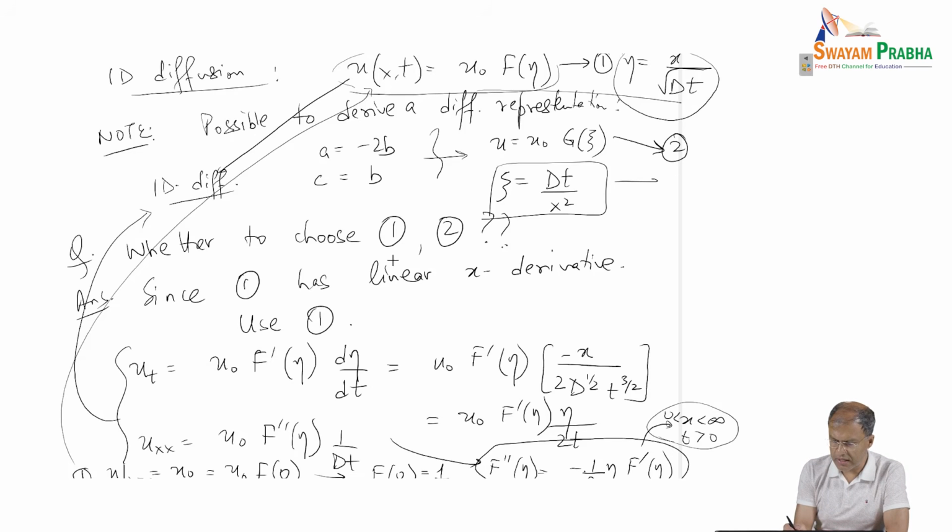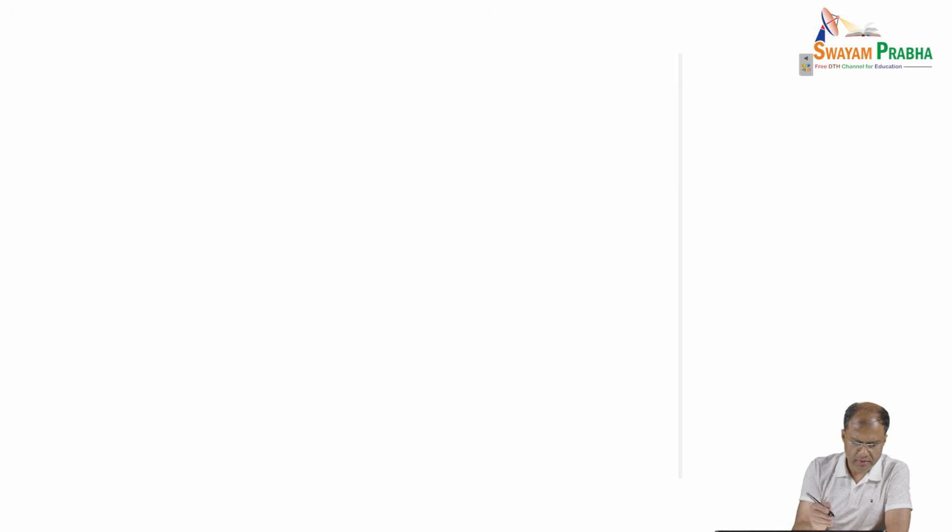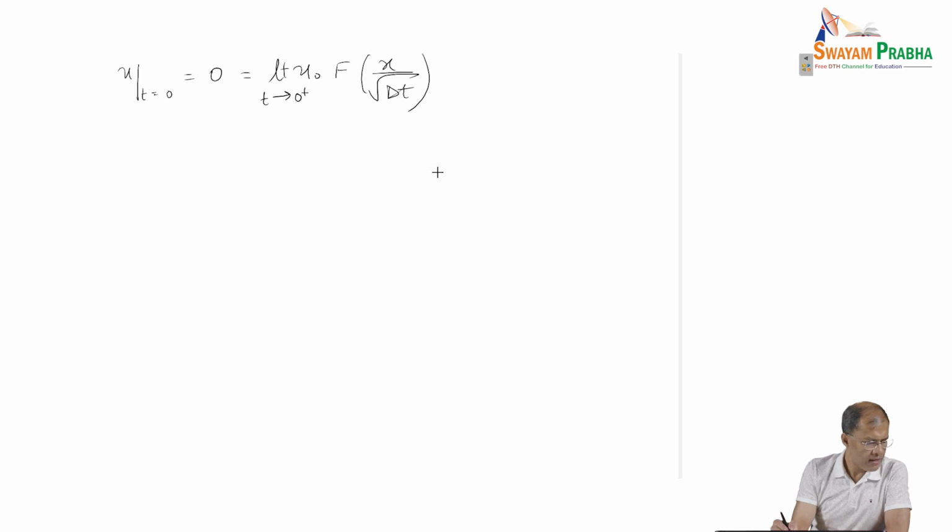Similarly we have another condition at infinity. So we saw that u at t equal to 0 is 0. That was the condition. But this, from the form 1, is also u naught times f at x over square root dt, and this is when we put the limit t going to 0 plus, right?